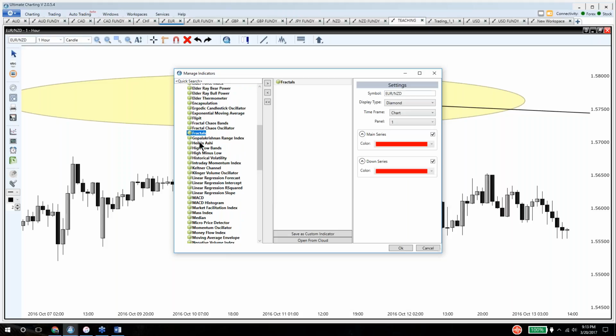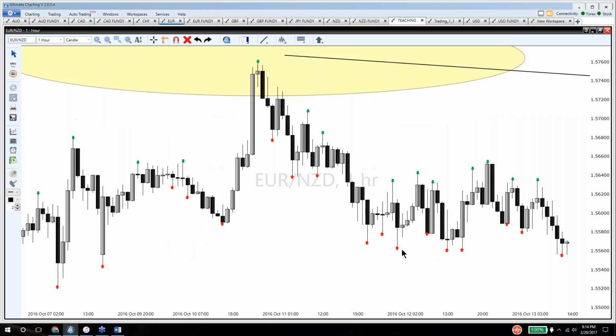And if I turn on the fractals, it'll give me the main series, which points out the highs, and the down series, which points out the lows. So I can have my highs whatever color I want, and I can have my lows pointed out in whatever color I want. I'm going to use arrows instead. Okay. So when I click on OK, this is actually going to point out these highs and lows for me across the chart.